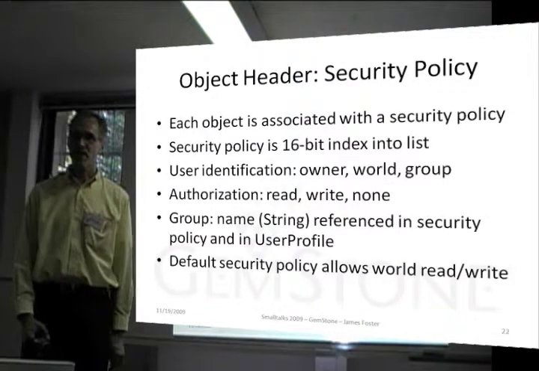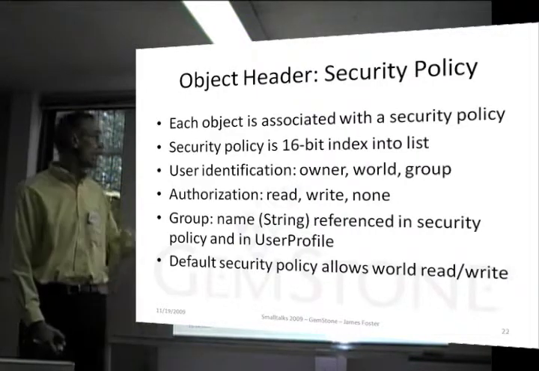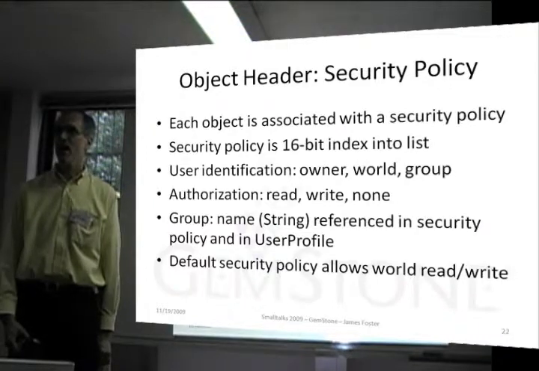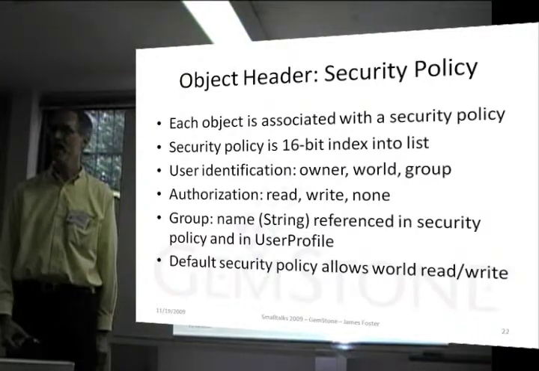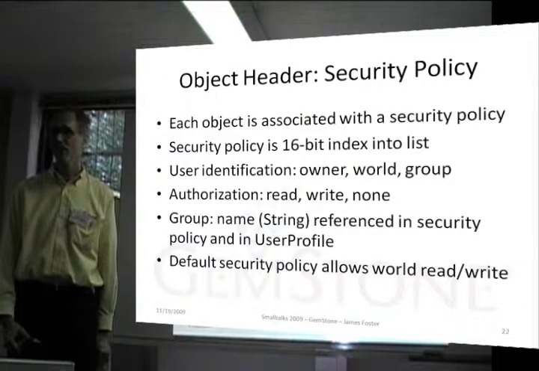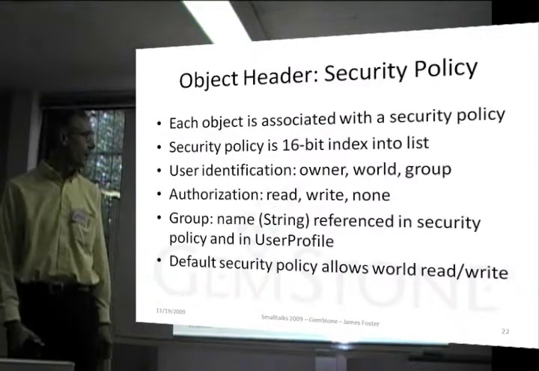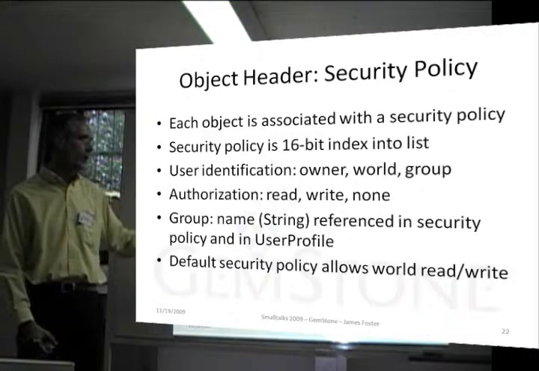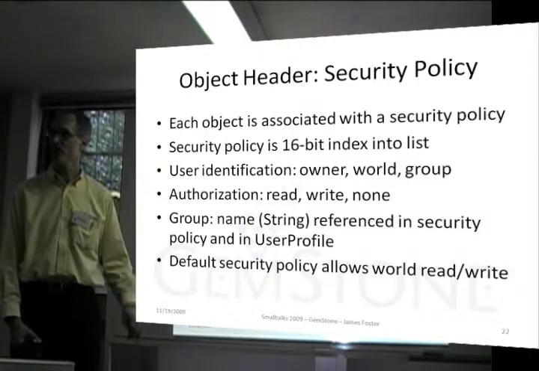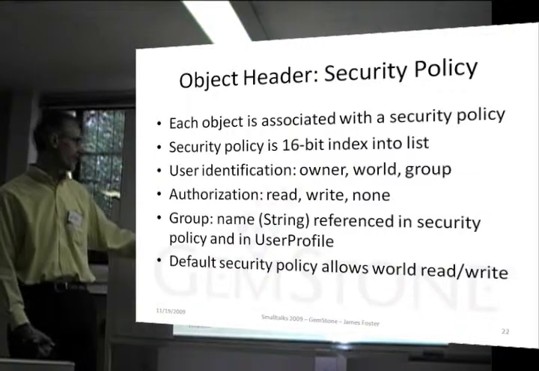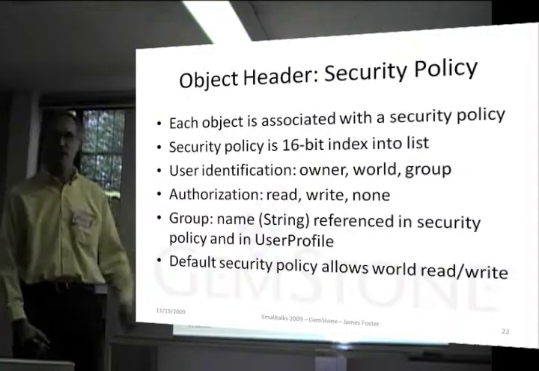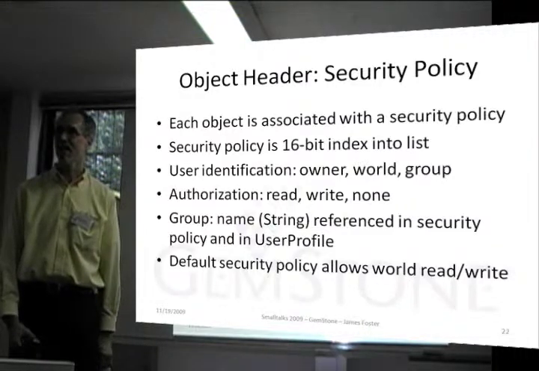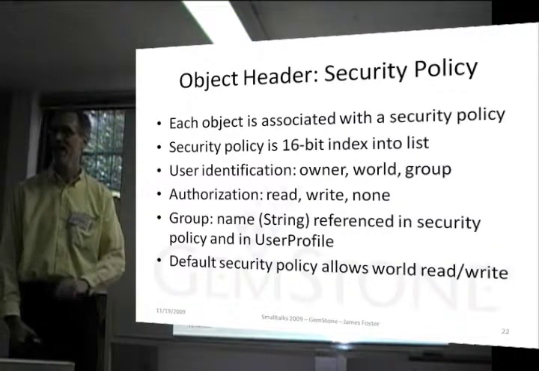Part of the header is a security policy. Each object is associated with a security policy. The default security policy is to allow world read and world write permission, which is essentially no security. But you can, in a security policy, have an owner and then permissions for world and group. You can identify authorizations for each of them, either read, or read and write, and then none.